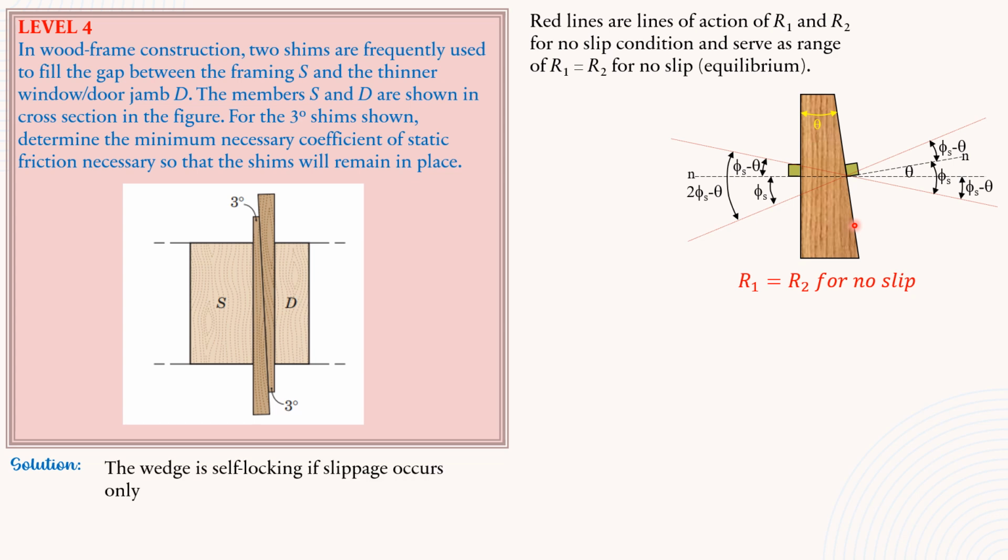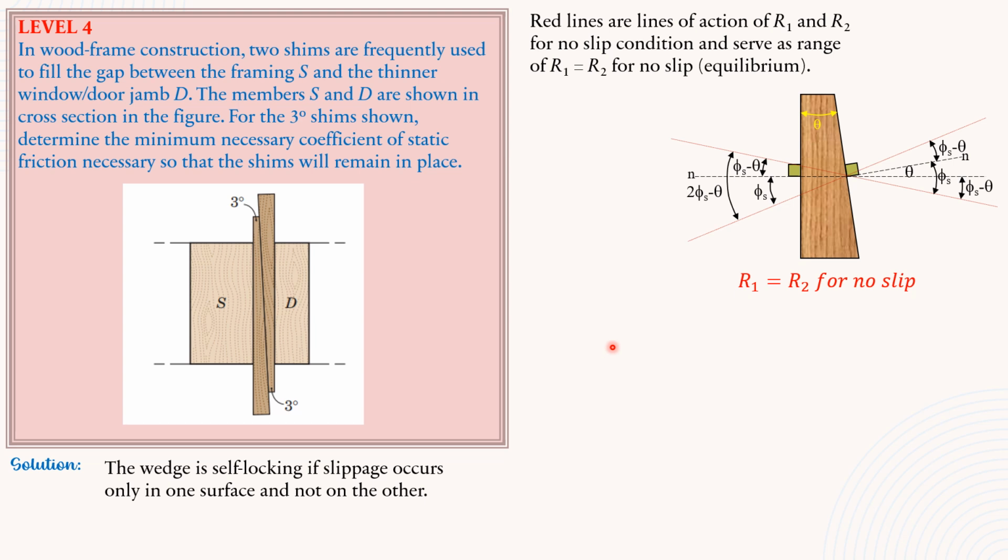So the wedge is self-locking if slippage occurs only in one surface and there's no slippage on the other. Because even if one surface is about to slip, the other will not, the shim or the wedge will remain in equilibrium.